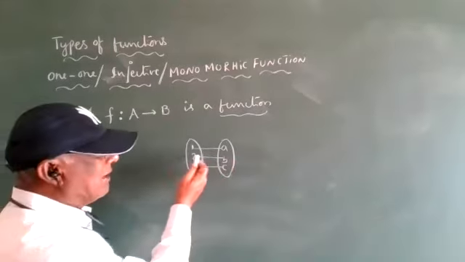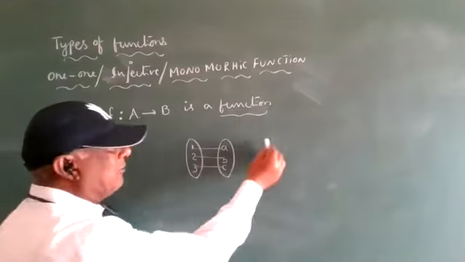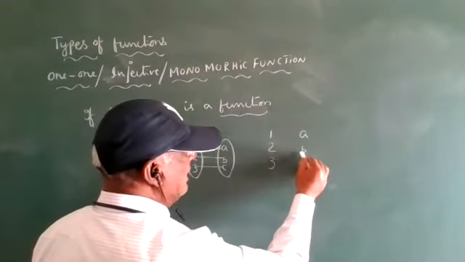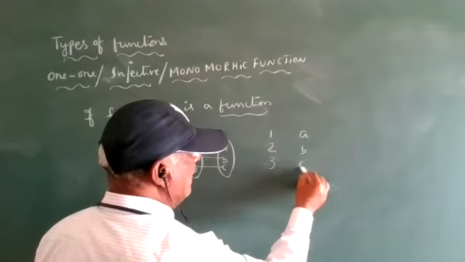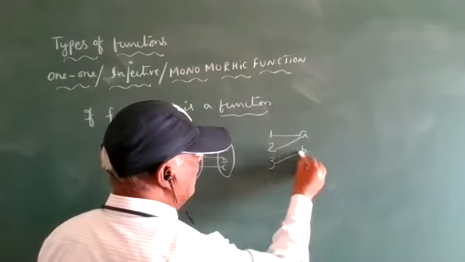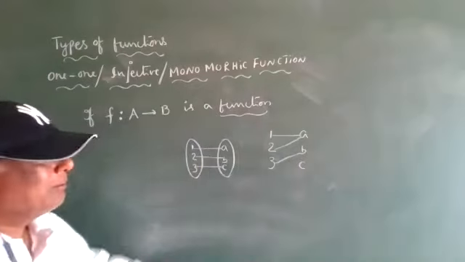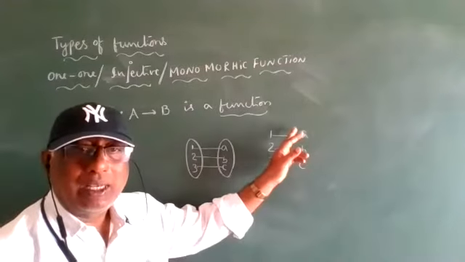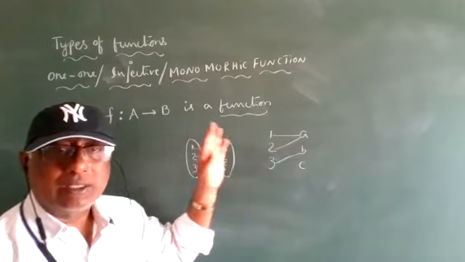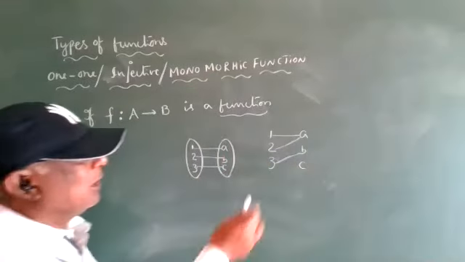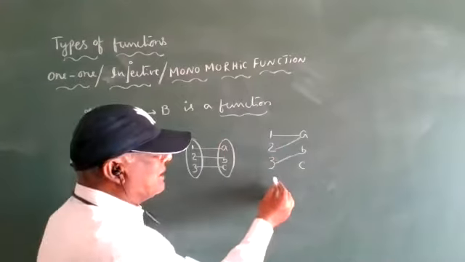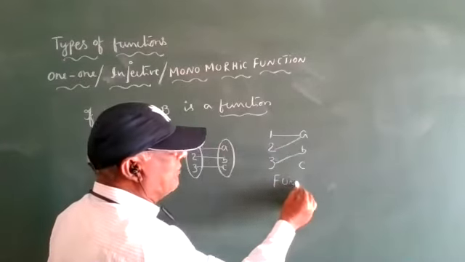Two images never have one pre-image. If two images have one pre-image, this is not a function. Take A, B, C: one has A, two has A, and three has B. It is not a function because one image has two pre-images.